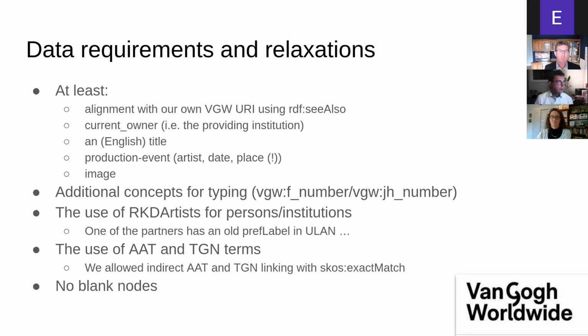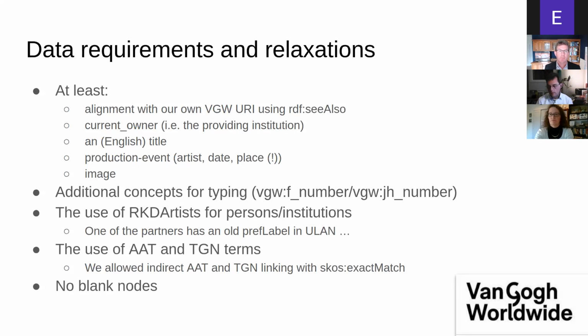So what data requirements and relaxations did we need in Linked Art for now? We wanted to be sure that we spoke about the same Van Gogh artwork. So we introduced our own standardized URI for every work that was cataloged in Van Gogh's oeuvre catalog.